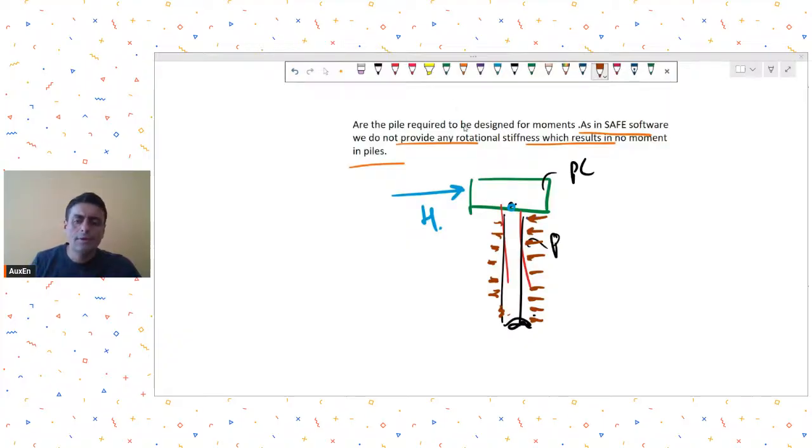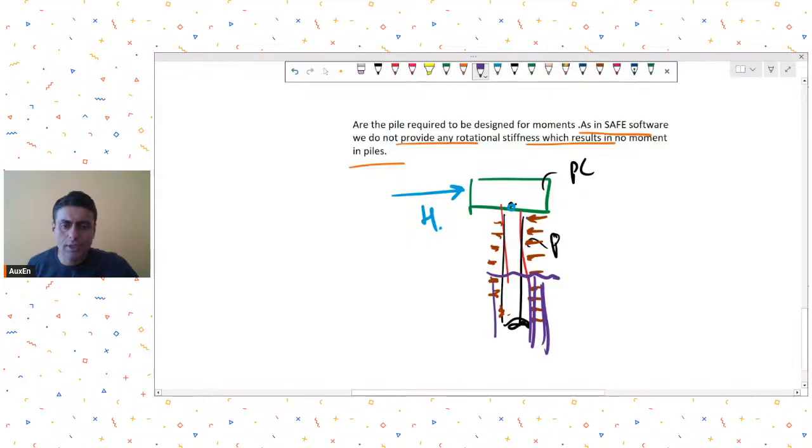No, isn't it? But generally, we assume that the pile gets lateral support from the soil after a certain depth. So we will say that below a certain depth, the pile will get support from the soil.